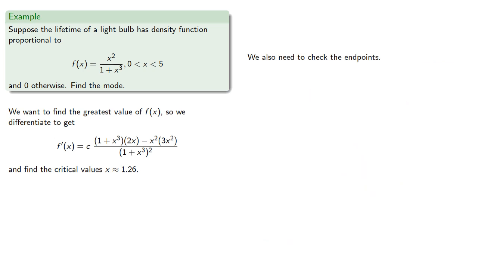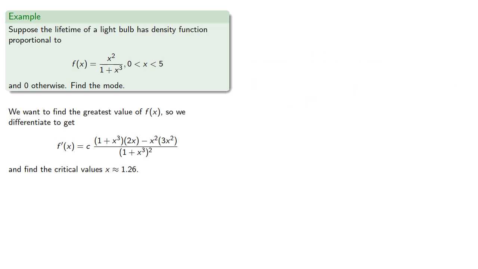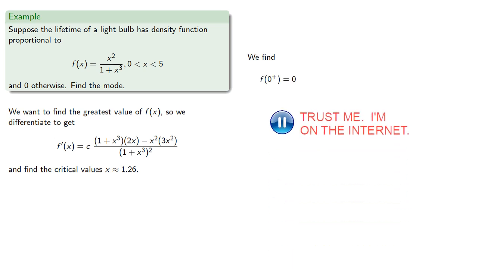We also need to check the endpoints. While the PDF is actually 0 at the endpoints, we should find the limit as we approach them to allow for the possibility that the probability increases as we get close to 0 from above or 5 from below. We'll use the notation 0 superscripted to indicate that we're coming at 0 from above, and that turns out to be 0.